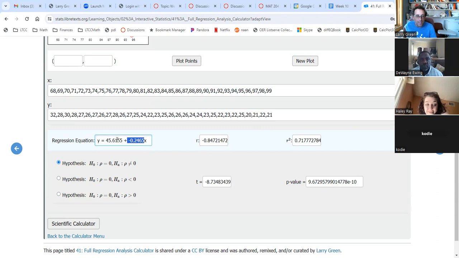The y-intercept of a line is the number that doesn't have the x involved in it. In that case, it's about 45.6. Any questions on looking at the regression line and being able to determine the slope and y-intercept from the line? Any questions?